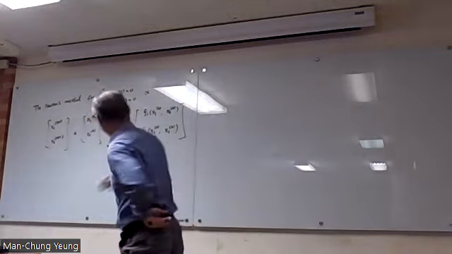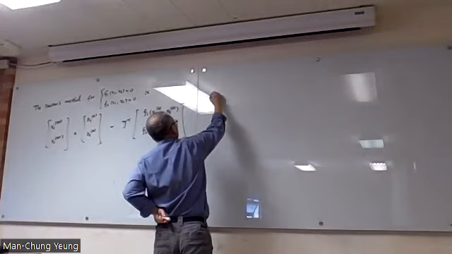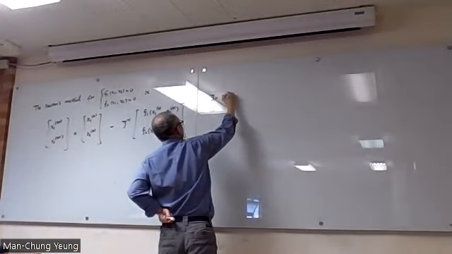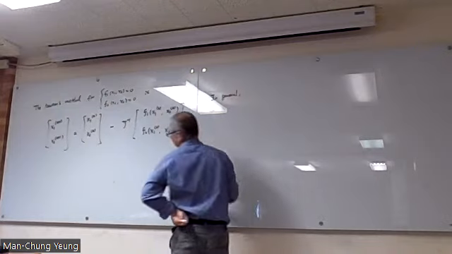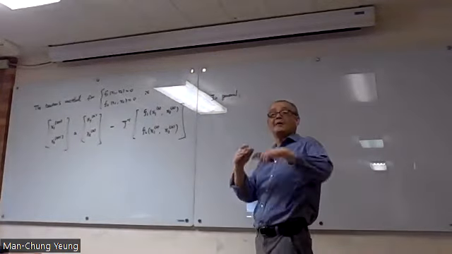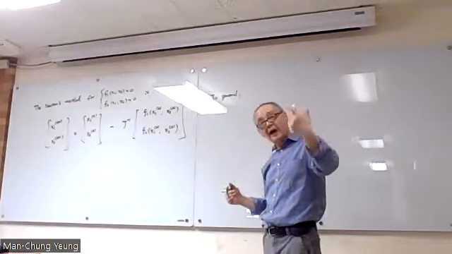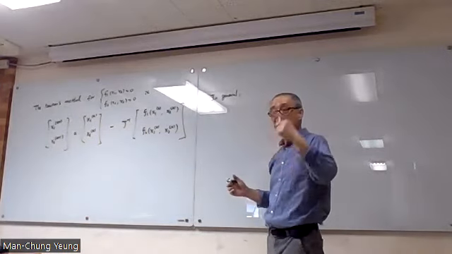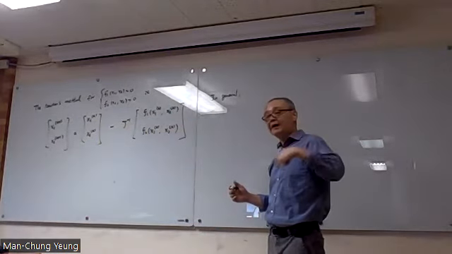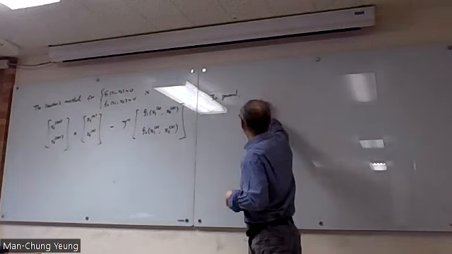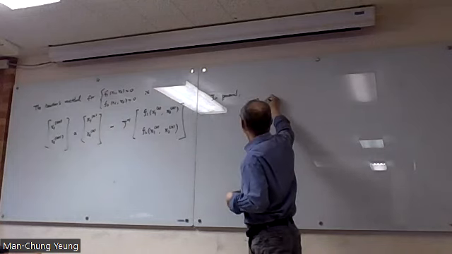In general, we have a system of n equations and n unknowns. In vector form, the general form is this.